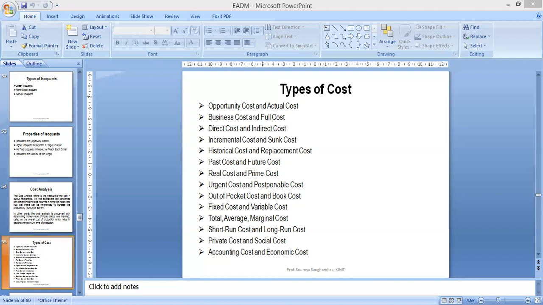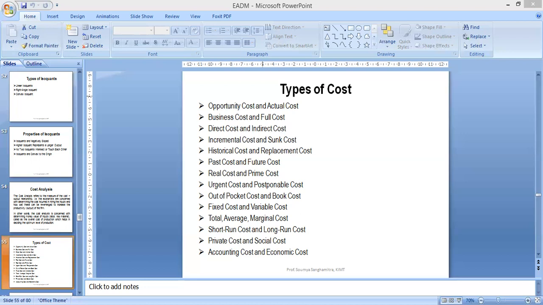Then incremental cost and sunk cost. Incremental costs denote the total addition of cost associated with a marginal batch of output, and these costs are the addition of costs resulting from a change in the nature and level of business activity.